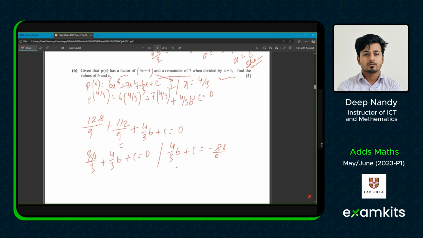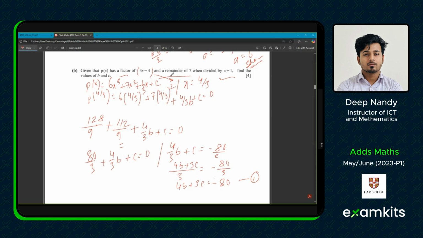Taking the LCM 3, 4b plus 3c equals minus 80 by 3 times 3, that equals minus 80. This is my first equation.